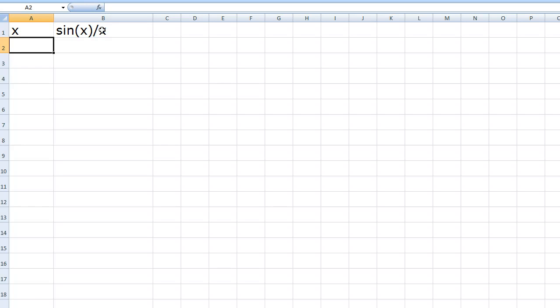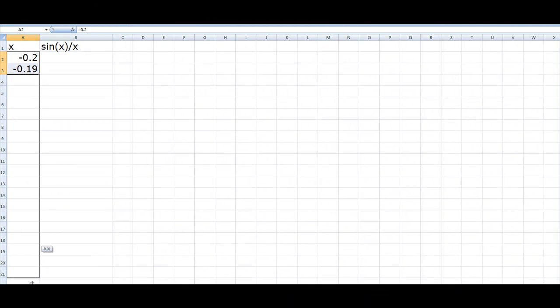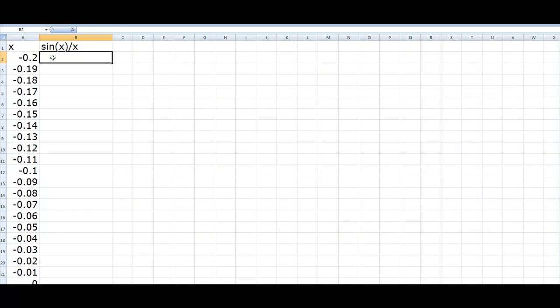We're interested in values near 0, so we'll stay within negative 0.2 to 0.2, in steps of 0.01. Nothing wrong in stopping at 0.21 anyways.